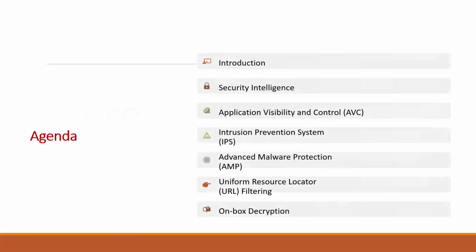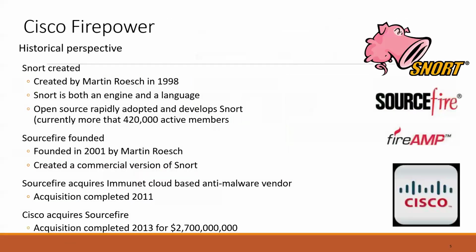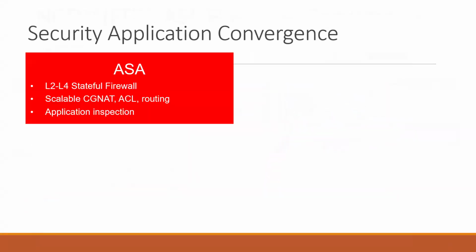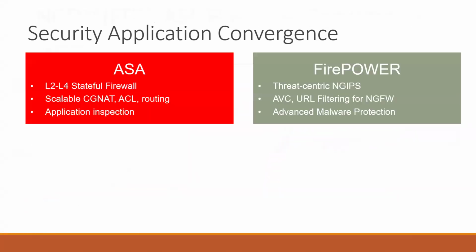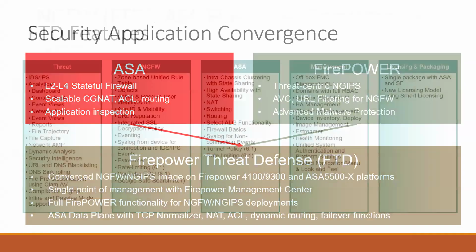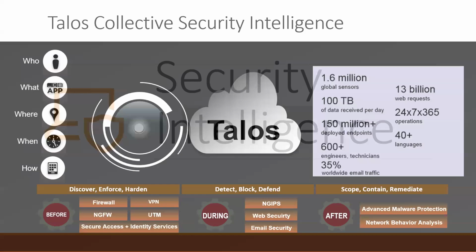It can do security intelligence, application visibility, IPS, AMP, URL filtering, and on-box encryption, decryption, etc. Okay, you can see the animation: ASA, then Firepower, and then if you add both the intelligence, then it will do ASA plus Firepower, all those things. Then if you go next, you will see the FTD features that we have already discussed.